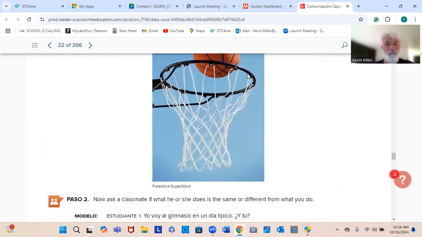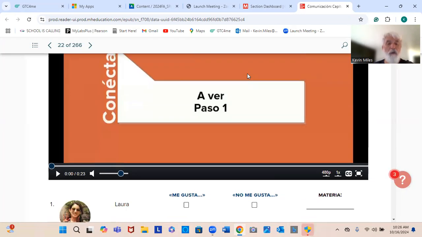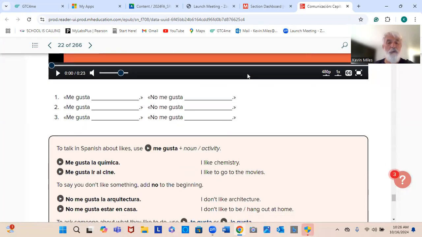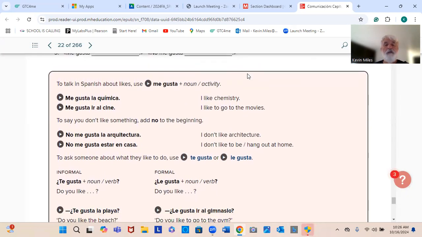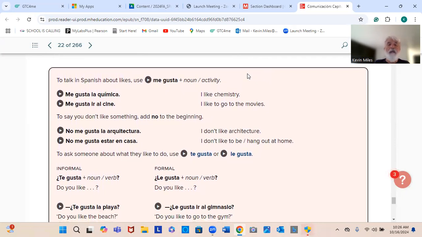Next, they want us to be able to use the verb gustar. Let's jump to the box on page 42. And how do we say I like? We say me gusta. And then after that, you follow it with the noun, the thing liked, or the activity. Do you like to eat, comer, whatever it is?